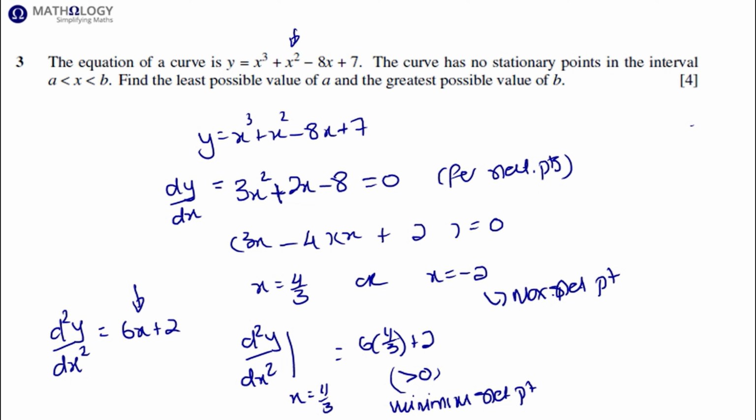So in the interval x is less than b, greater than a, the least possible value of a will be minus 2, and the largest possible value of b will be 4/3.